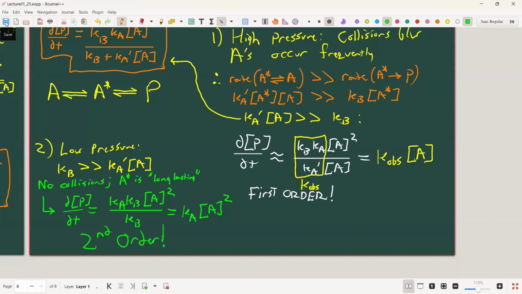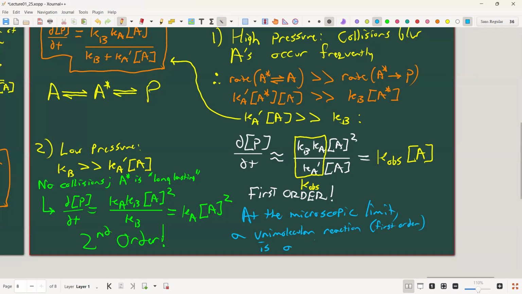So what this means, in fact, is that at the microscopic limit, a unimolecular reaction, which means it involves one molecule, or let's just say a first order reaction, is a two-body process.